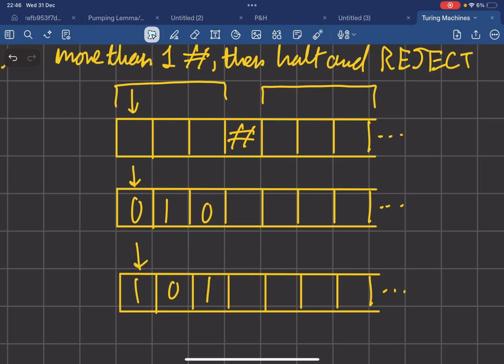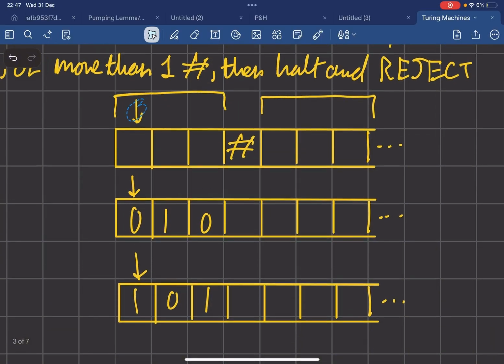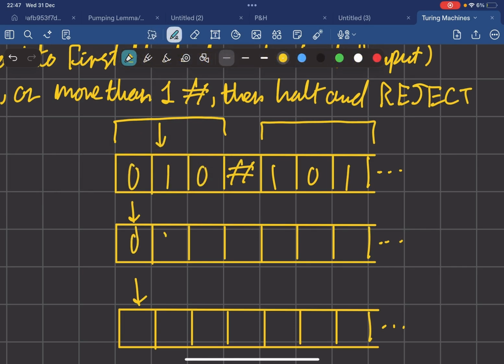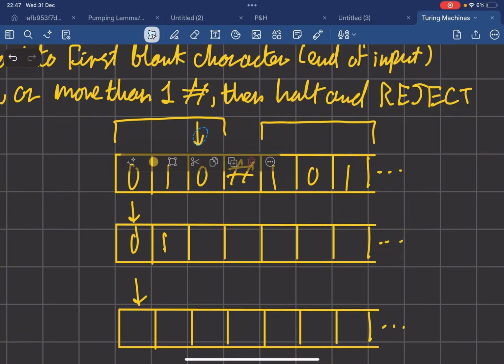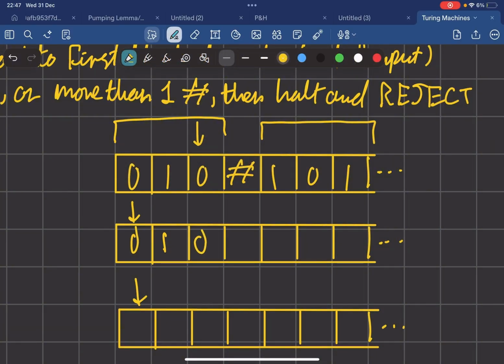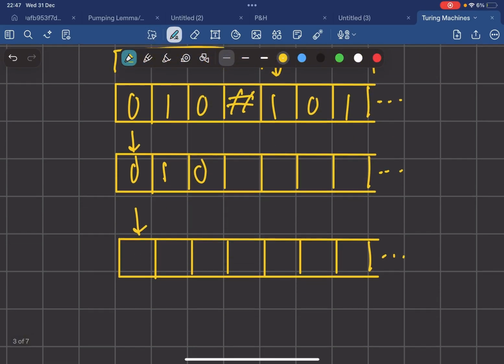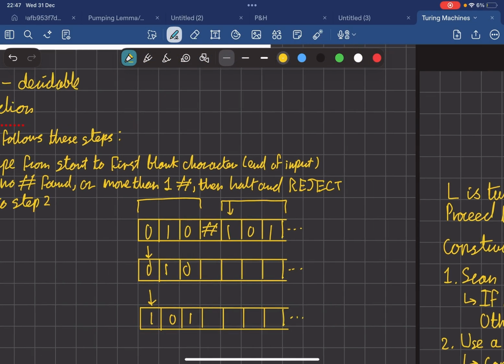We just keep moving the read head, and we keep copying over the characters one by one onto the other tape. So for instance, to copy W, we read in a 0, copy it here, shift the read head, copy 1, shift the read head, copy 0, and then we reach the hashtag so we know W has ended. Then we do the same procedure for the other tape, copying it over. So that's how you'd copy it over.